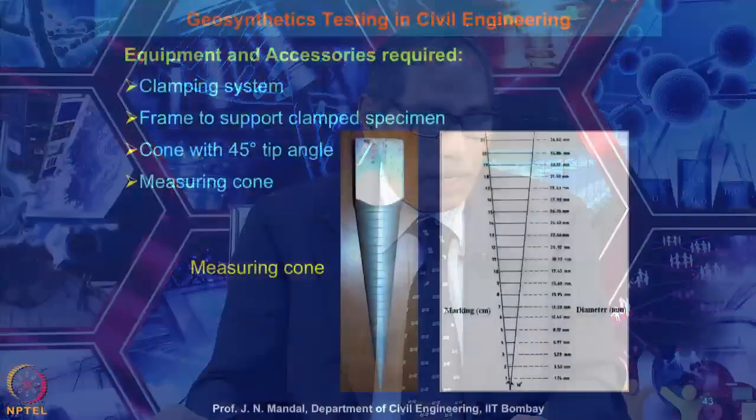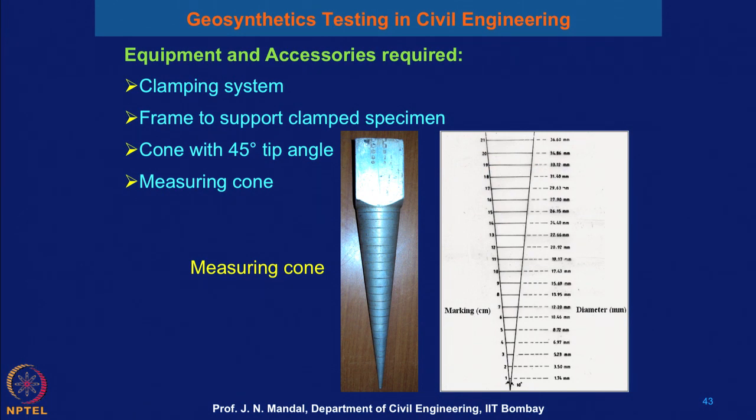So, what type of equipment do you require to determine the puncture resistance of the geotextile material? You require the clamping system and the frame to support the clamped specimen, and this is the cone with a 45° tip angle, and the measuring cone.